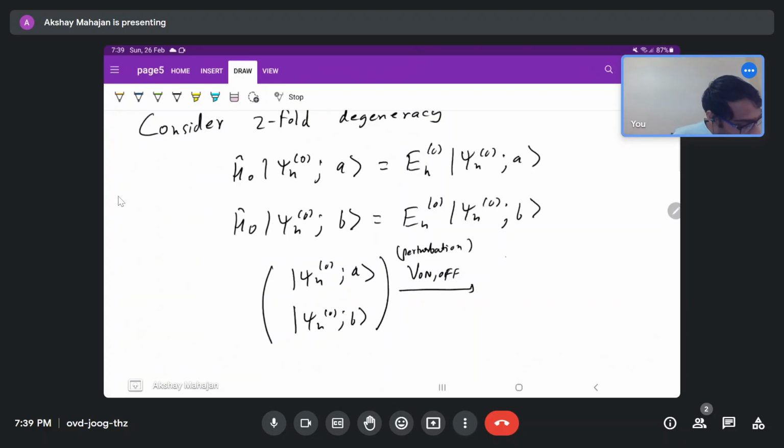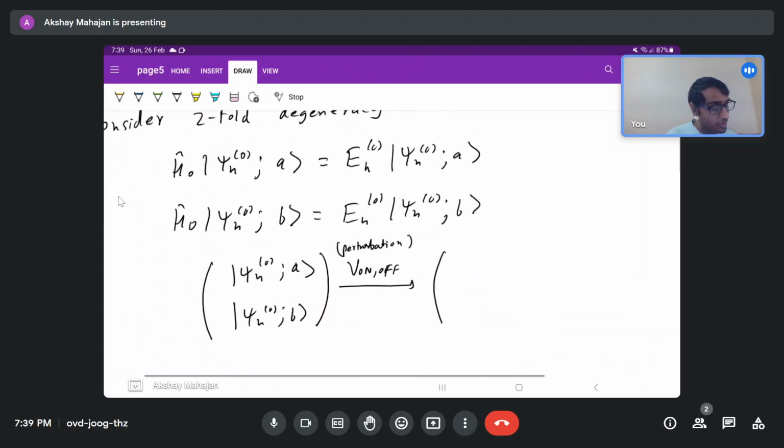In the degenerate case, there was a reason that when we switch off the perturbation, we should be able to go back to a wave function, and that's why we say that this wave function is going to be a combination of these degenerate states, as it was explained.